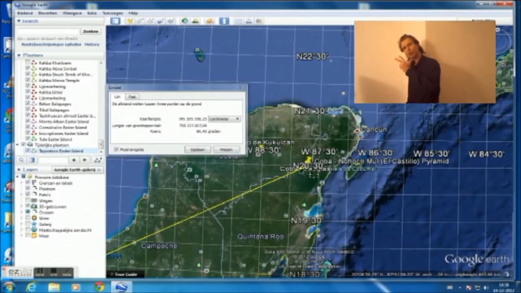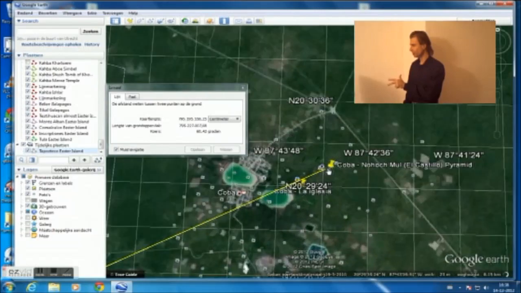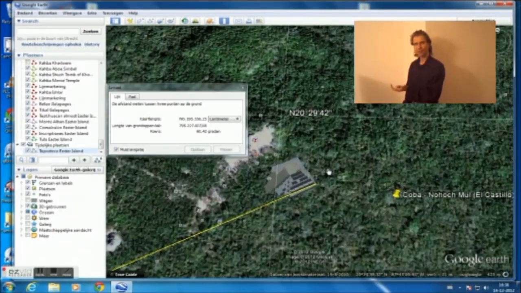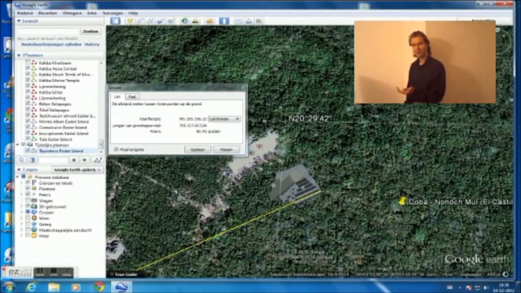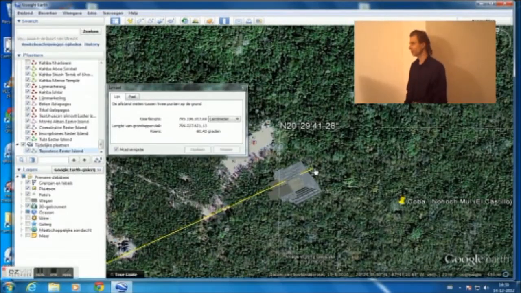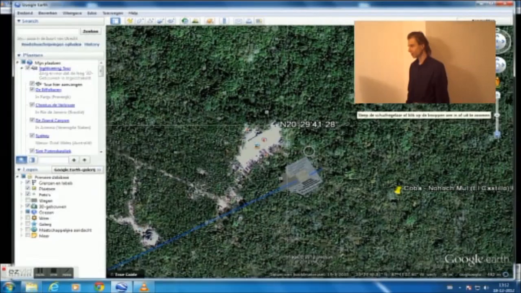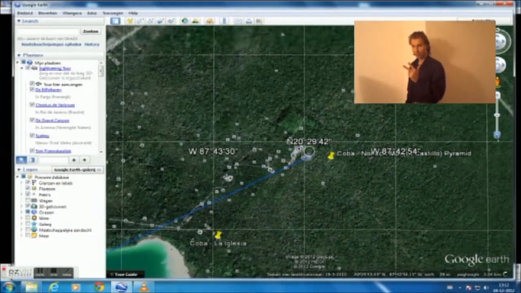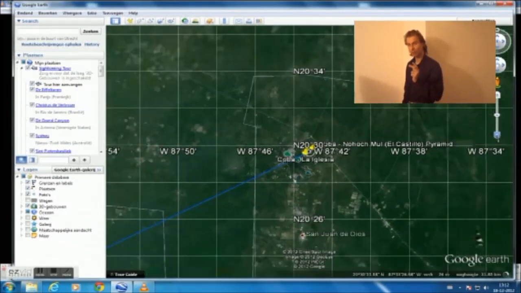And when we zoom in again on El Castillo, we see, ladies and gentlemen, it is a perfect match with Tahiti. You can check it all out yourself. You've got Google Earth yourself. It's really true. I even have more evidence that Tahiti is not a coincidence.